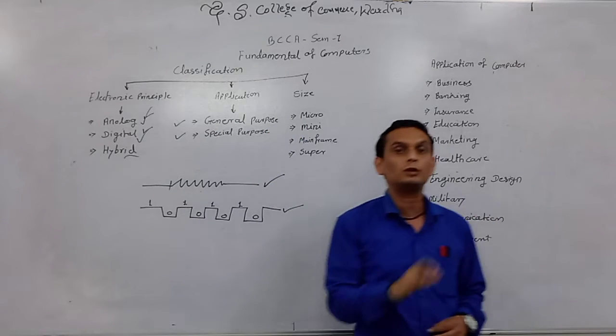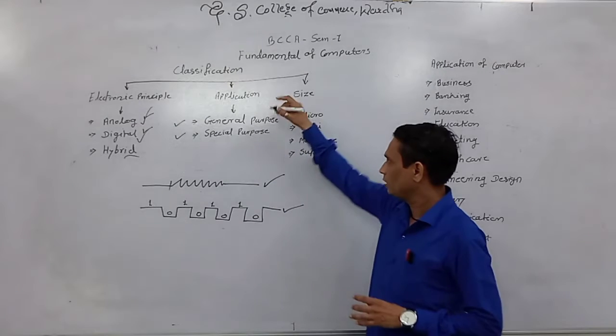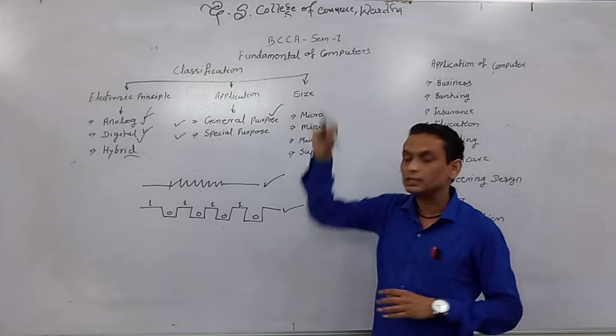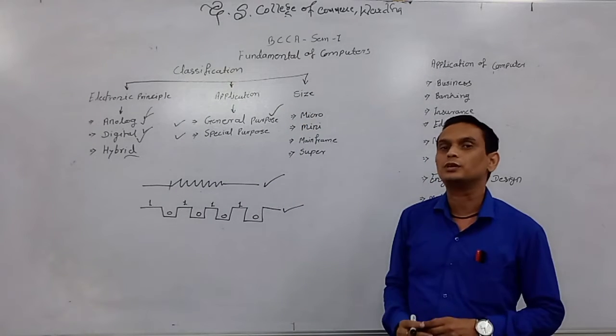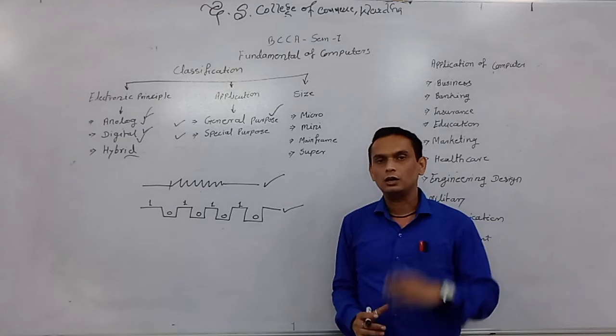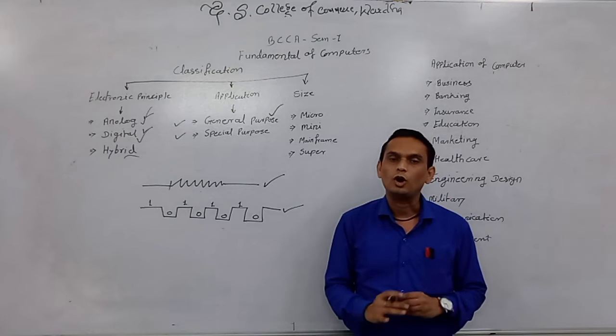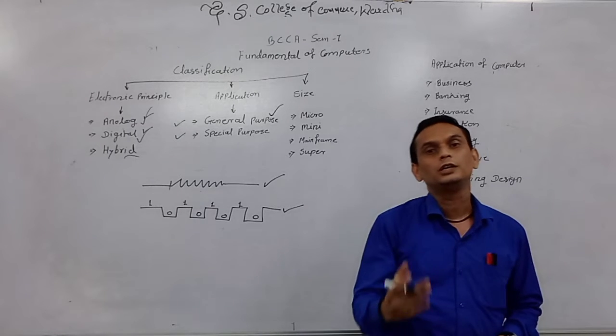Therefore, it is also called a personal computer as well as a versatile computer. Any type of work can be done on it, just like our microcomputers or desktop computers. All types of software can be run on desktop computers.